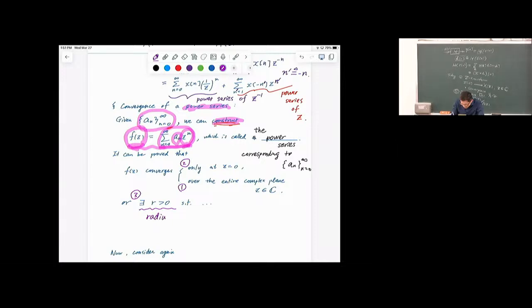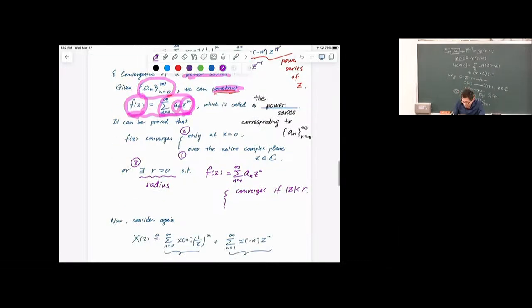There exists a finite radius such that f of z, defined as this summation, converges over the region of z within this radius, on the complex plane.